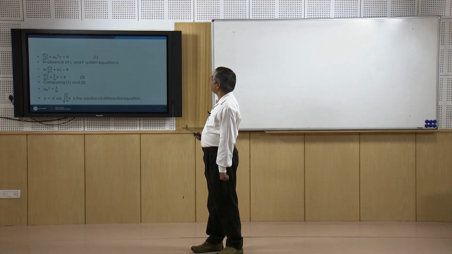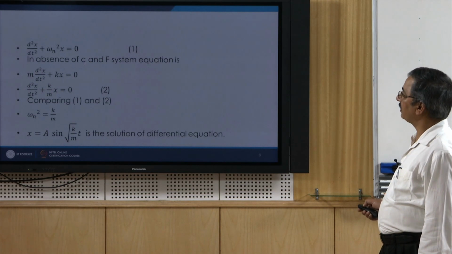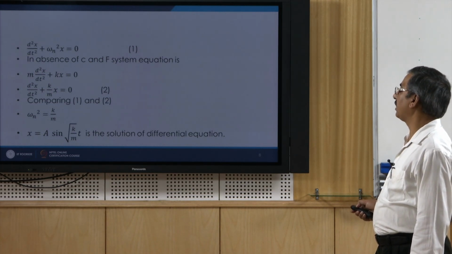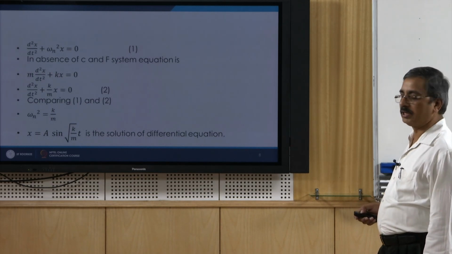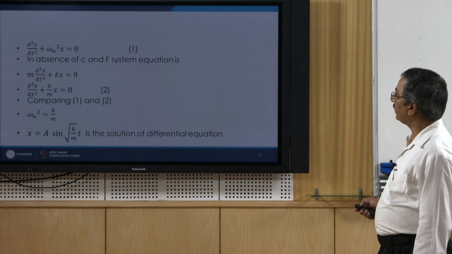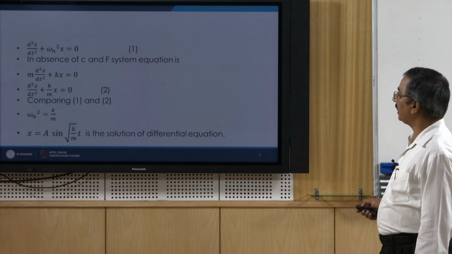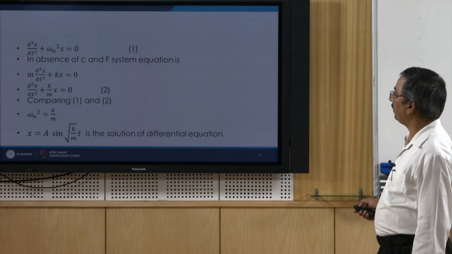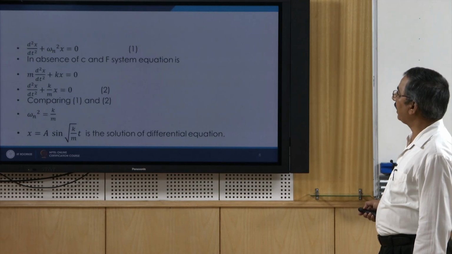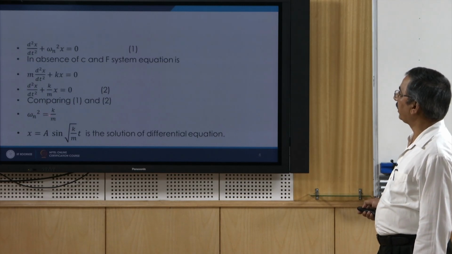Now, in absence of C and F, the system equation, as I said, is m d square x by dt square plus kx is equal to 0. If I write this in this form, I take this m to the denominator, so we have d square x by dt square plus k by m into x is equal to 0, and if I compare these two equations, then you can see omega n square is equal to k by m.